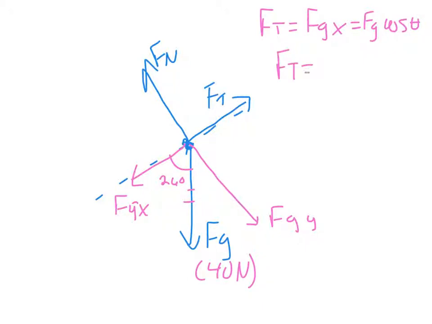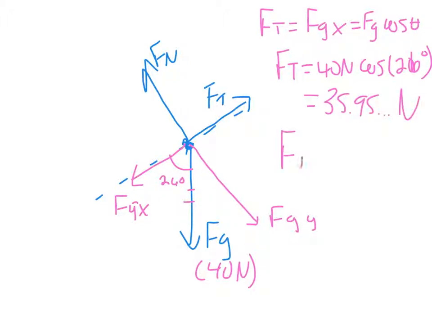So Ft will equal 40 newtons cosine 26 degrees. Ft equals 35.95, keeps on going, newtons. So Ft is approximately equal to, with 1 sig fig, 40 newtons.